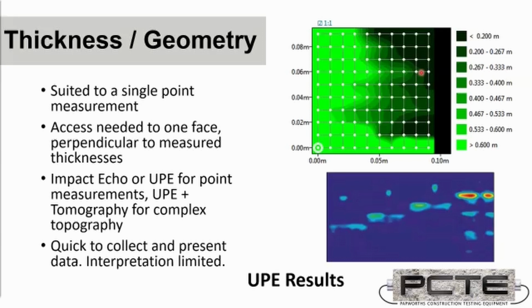Finally, we can come back to our ultrasonic pulse echo data, where something really important is it's much more useful when you have a thickness measurement, because thickness measurement actually allows you to do the structure.